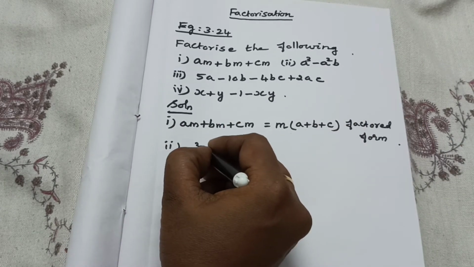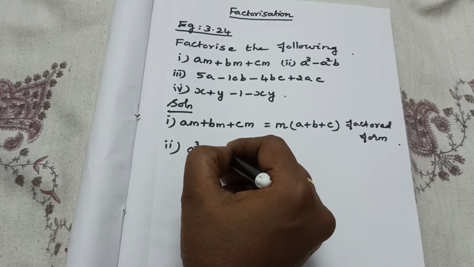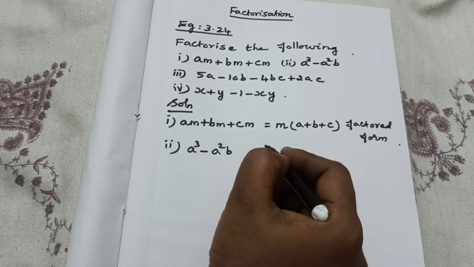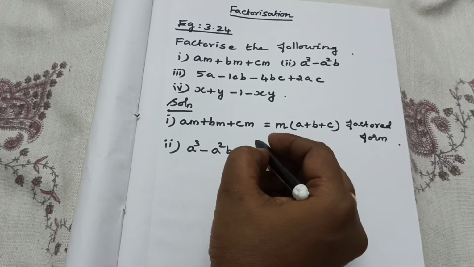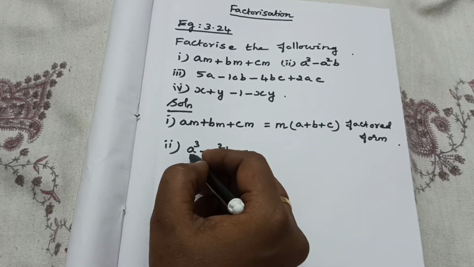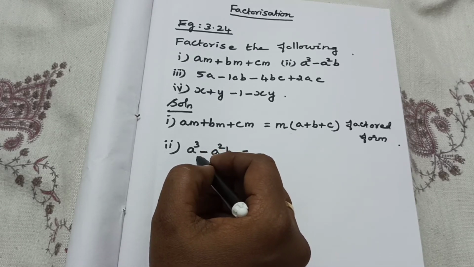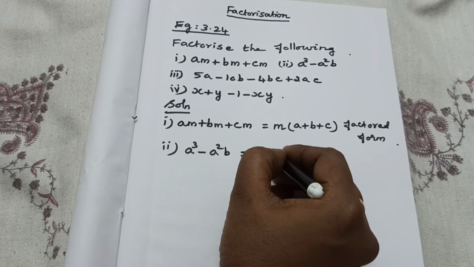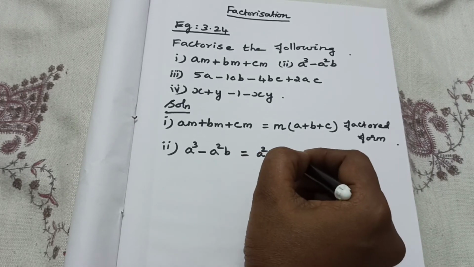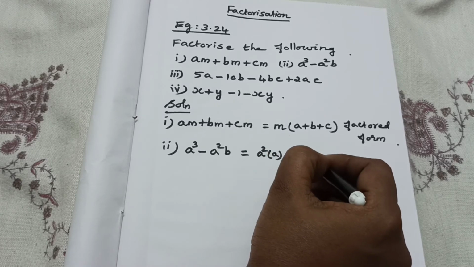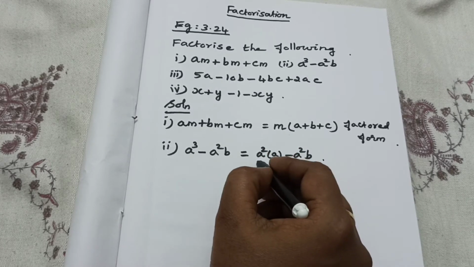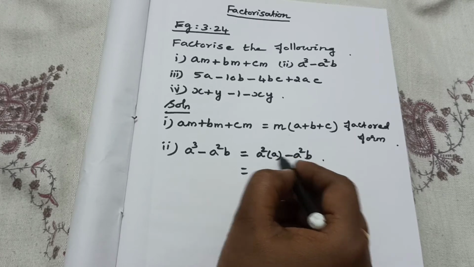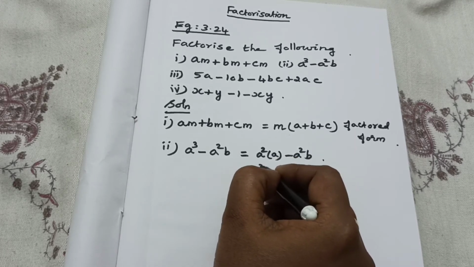Then second one, a cube minus a square b. Here you see, a cube is there. A cube we can write as a square into a. Shall we write? A square into a, then minus a square b. Here you see, this is one term, this is another term. Which is common? A square is common, isn't it?